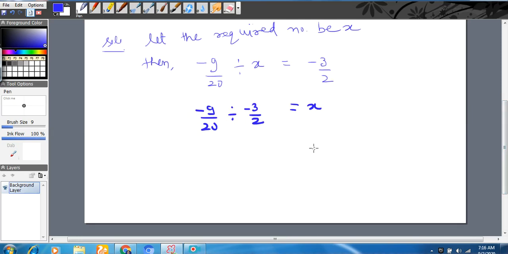So the value of x will be -9/20. Division is converted into multiply and write the reciprocal. Again negative signs are cancelled out. 3 3 is 9 and 2 10 is 20. So we have x equals to 3/10.